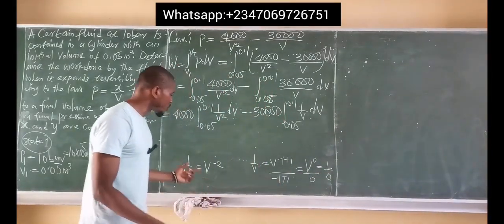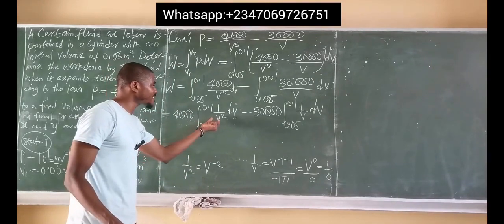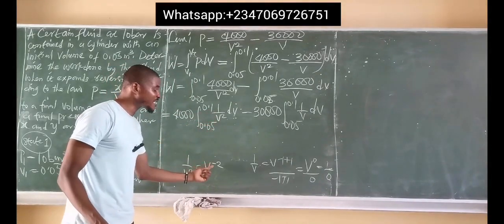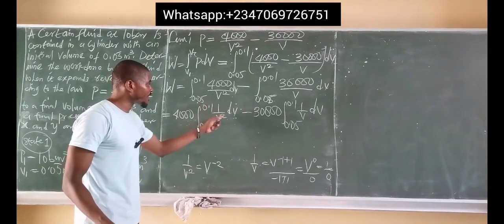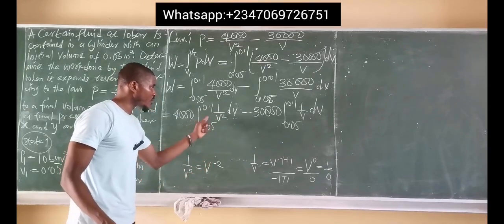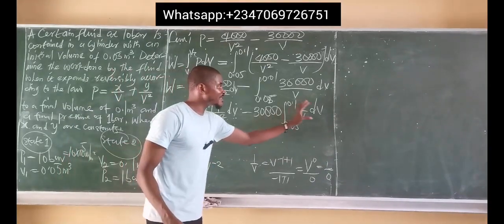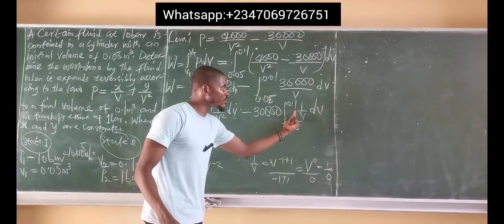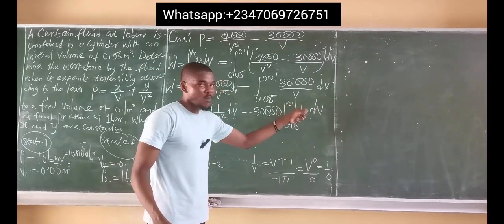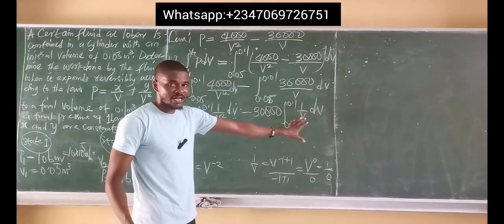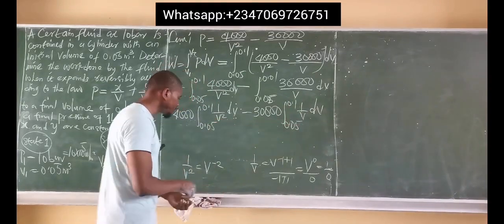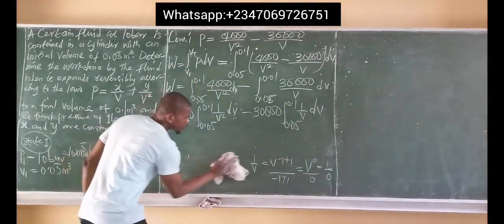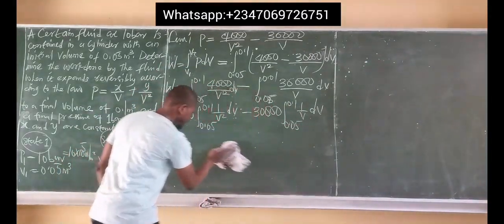So this rule is only applicable when the power beneath the denominator is greater than 1. Then you can convert this to v to the power of minus. But under an integral condition, when the power beneath the denominator is not more than 1, then you leave it like this and continue your integration. All right, so we are going to now rewrite that integral.